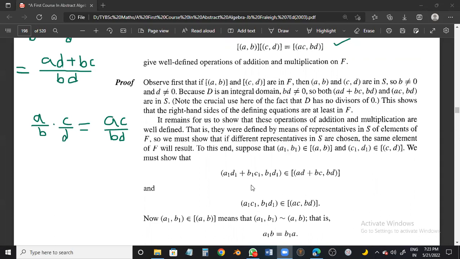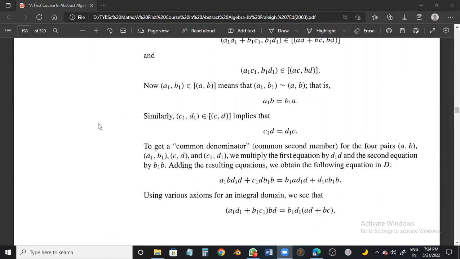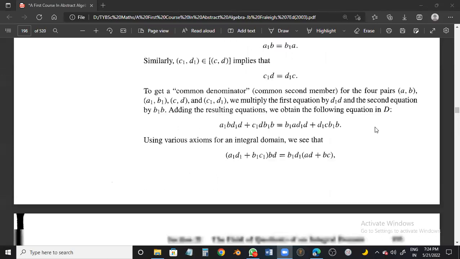We had AD plus BC, so in its place we have A1 D1 plus B1 C1, and here we had BD, so it is B1 D1. We are on the same lines, and that is why it is well defined. All right.